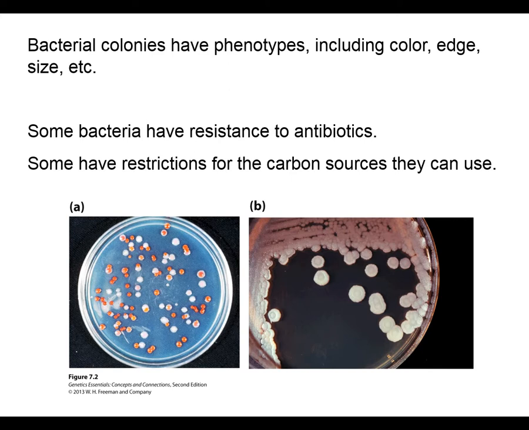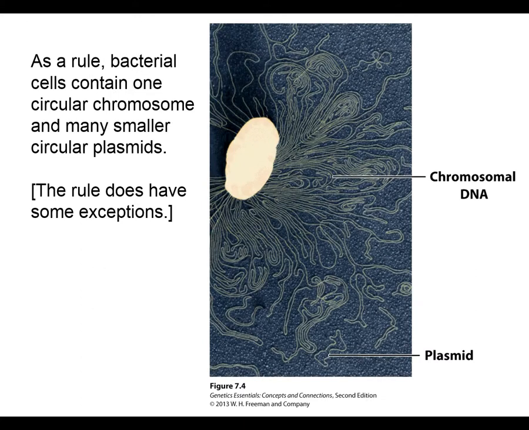So that is a mutation or a special characteristic of some bacteria. And some bacteria have restrictions for what type of carbon source, so what type of sugar, they can utilize.